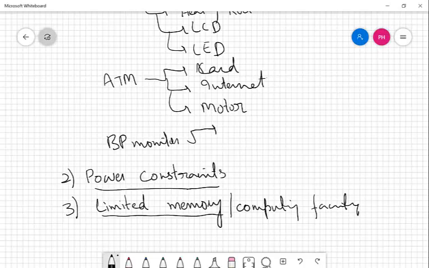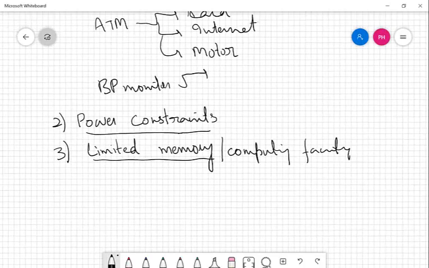We cannot install a full-fledged computer inside our washing machine. I'm talking about digital washing machines. We cannot install a full-fledged computer inside an AC, inside a microwave, inside a blood pressure monitor. So we have very limited computing facility, very limited memory, very limited space.